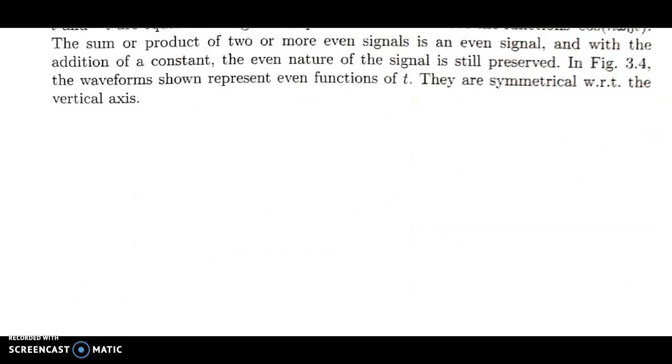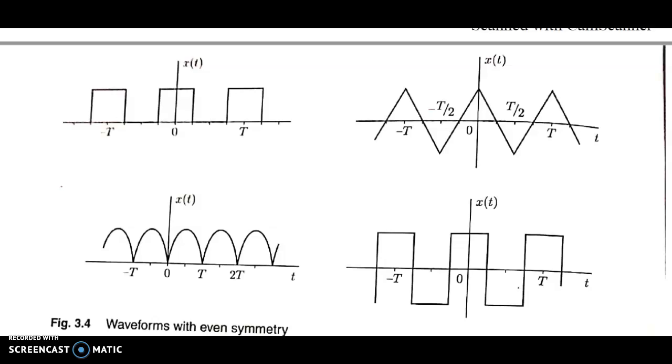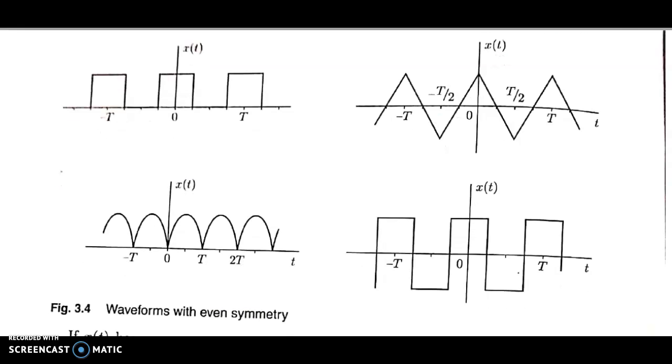And when x of t is an even function, we can find that certain Fourier series coefficients among a0, an and bn become 0. So if you know this property beforehand, while doing problems, you don't have to do the entire integration and find finally the answer as 0.